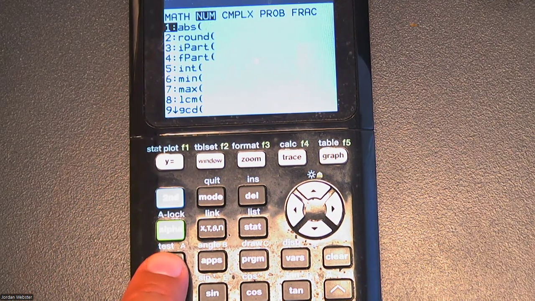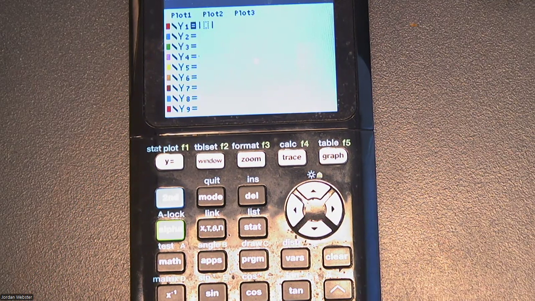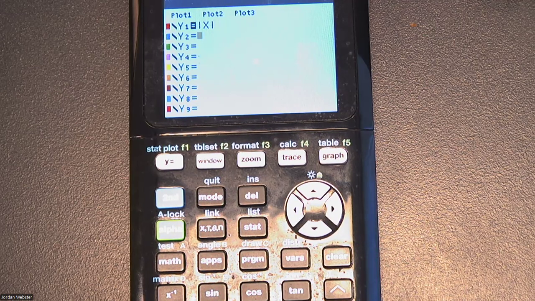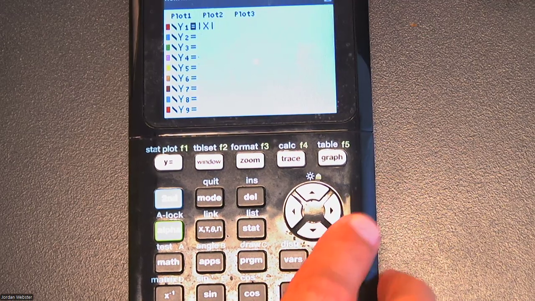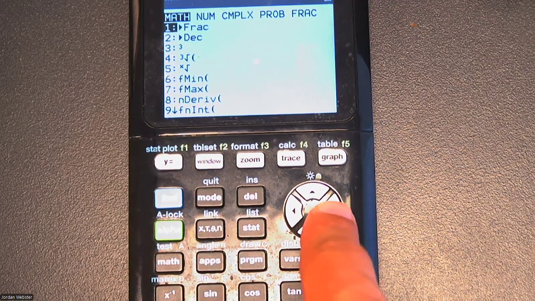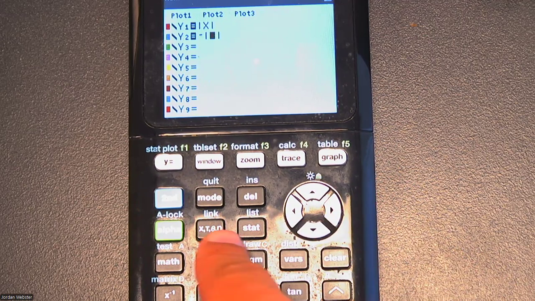If you have math print, it'll look like two vertical bars. If you don't have the math print, then it'll look like ABS and then in parentheses. So that's absolute value of x. And then I might as well do negative absolute value of x.